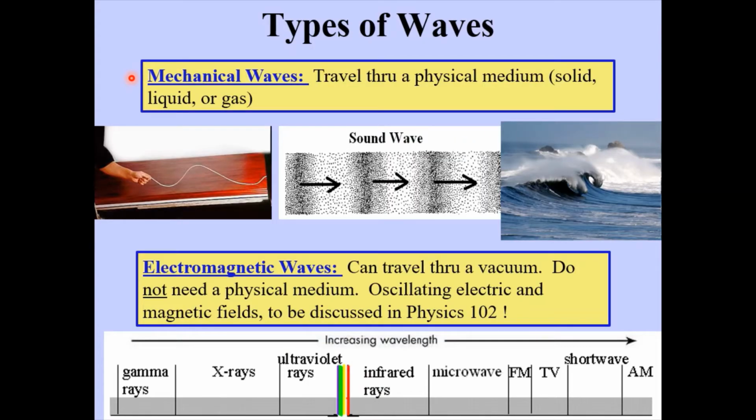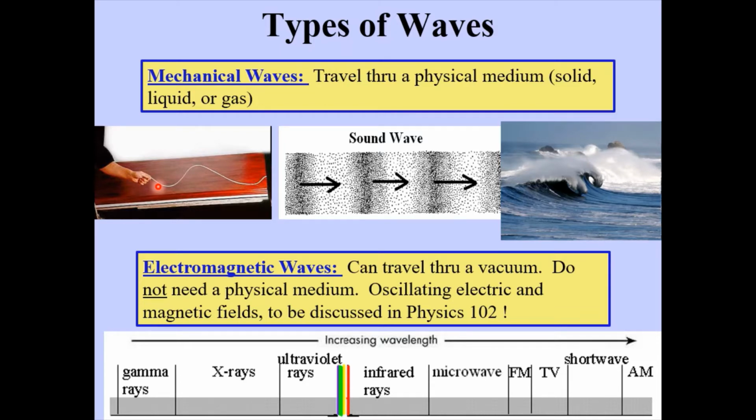Waves can also be classified as either mechanical waves or electromagnetic waves. And in Physics 101, we are going to be talking only about mechanical waves. Mechanical waves travel through a physical medium, which is either a solid, a liquid, or a gas. So for example, if we wiggle a string, the string is the physical medium. It's a solid material.